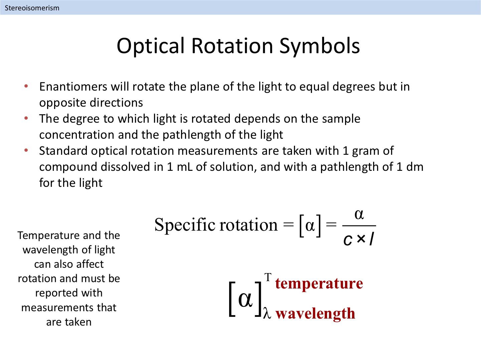Additionally, it's important to note that both the temperature and the wavelength of light can affect the observed optical rotation. Therefore, when reporting measurements, it's essential to include the specific temperature and wavelength at which the measurements were taken.